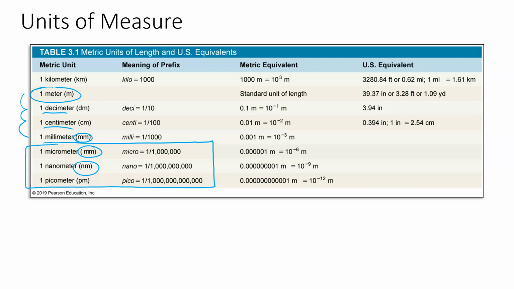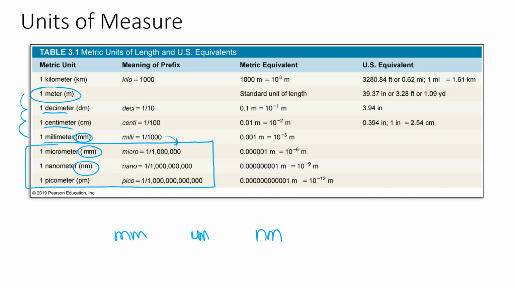So how do we use these to help us measure microbes? Remember the order: millimeter, micrometer, nanometer. And unlike meter, decimeter, centimeter, and millimeter, which go by basically a power of 10, when you get to micrometer, you will see that it actually goes by a power of 1,000.